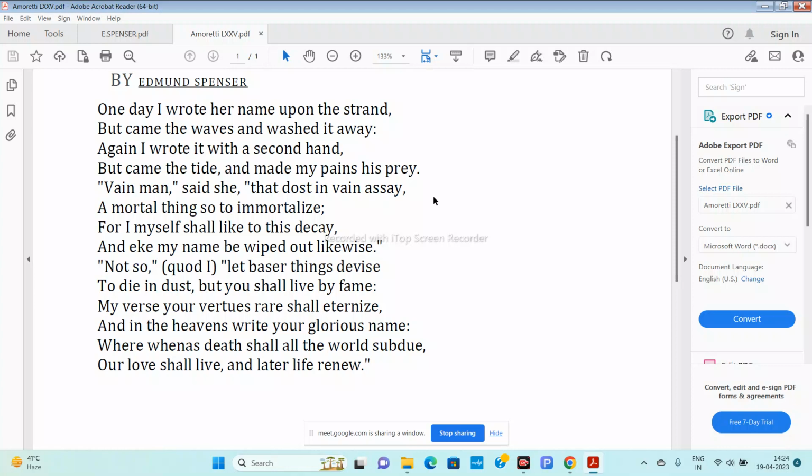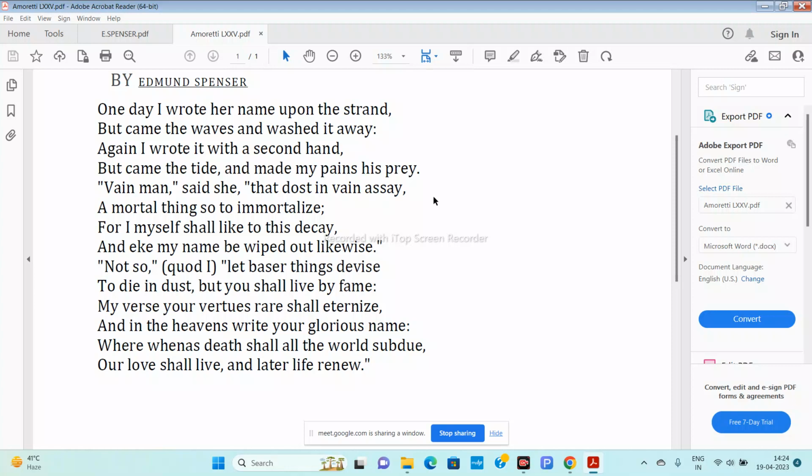So inferior or unimportant things, those things will be destroyed in dust, and they would be mingled with the dust. But you shall live by fame. But that is not your destiny. That is not going to happen to you.